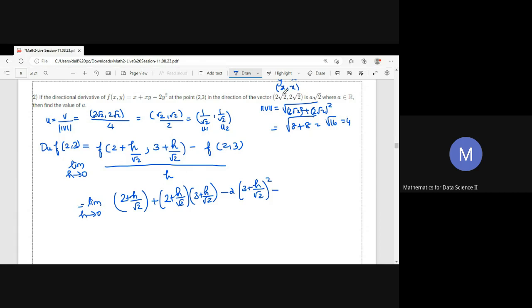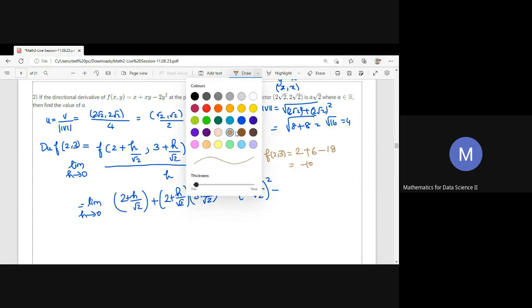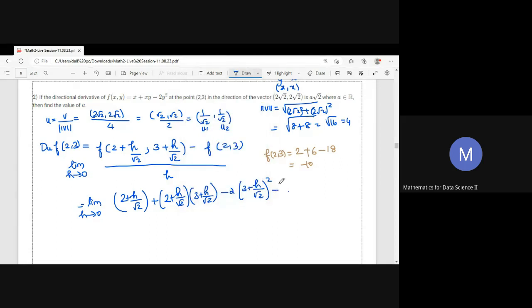And what is f of 2 comma 3? 2 plus 6 minus 18, so you get minus 10. Is it correct? Yes, ma'am. Here already there is another minus, so minus into minus will become plus 10. Here one minus is there and the value itself is minus 10, so this will become plus 10. All right, and then whole divided by h.